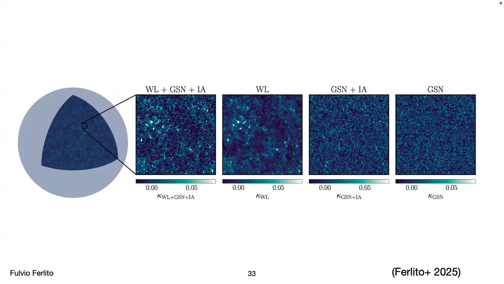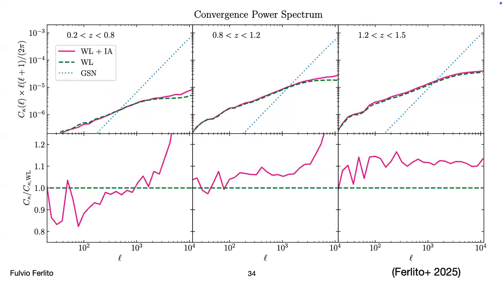GSN here is short for galaxy shape noise, which is the fact that even when galaxies are completely randomly oriented, they still introduce a white noise component in our convergence field, which we cannot remove, but it's quite easy to model. Then there is the case where there is also the intrinsic alignment component, and this is the impact at the level of our spectrum.